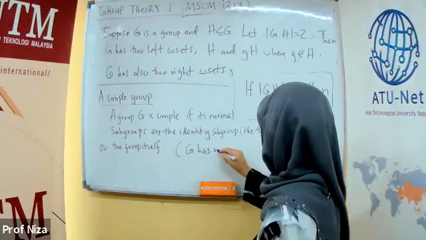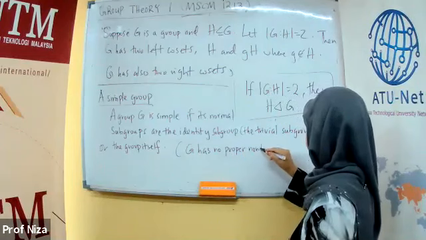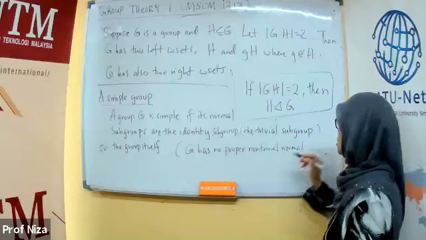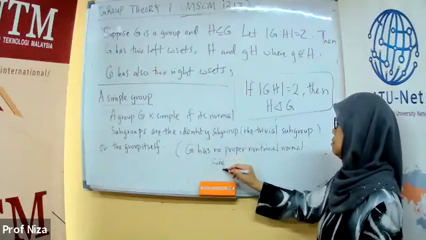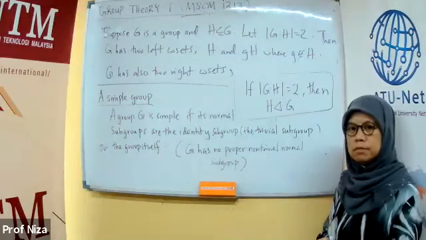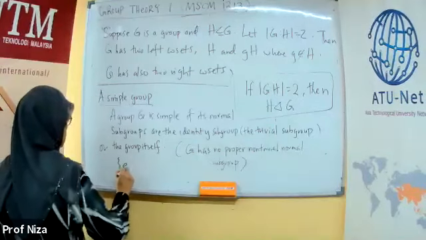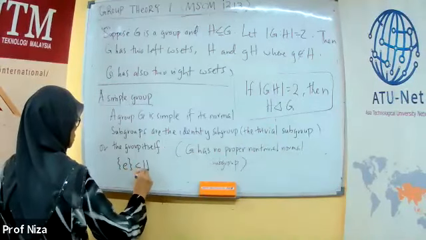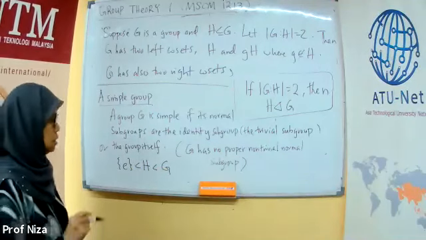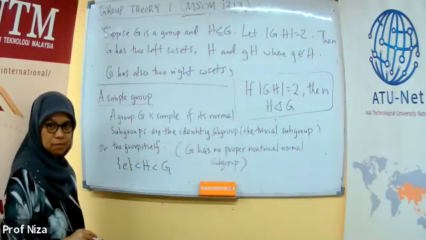Meaning G has no proper non-trivial normal subgroup. So if you have this E, this H, this G, G is simple if you don't have this H normal.